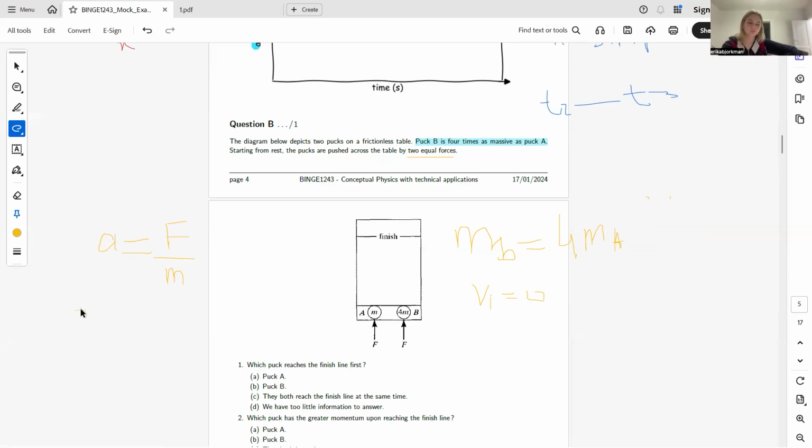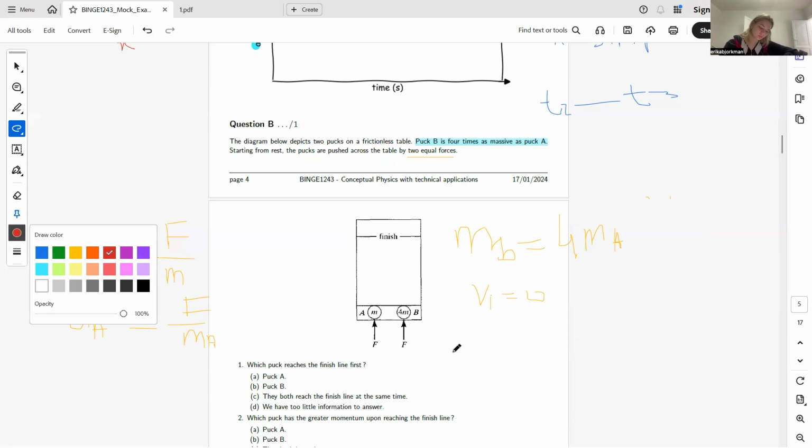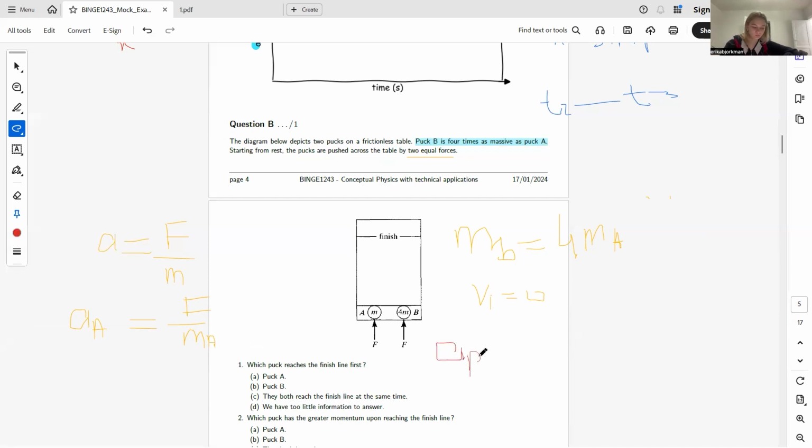So if we write the acceleration relation for mass A, then a_A is equal to F over m_A. Similarly, for the second mass B, a_B is equal to F over m_B. Instead of m_B, I can write 4 m_A.